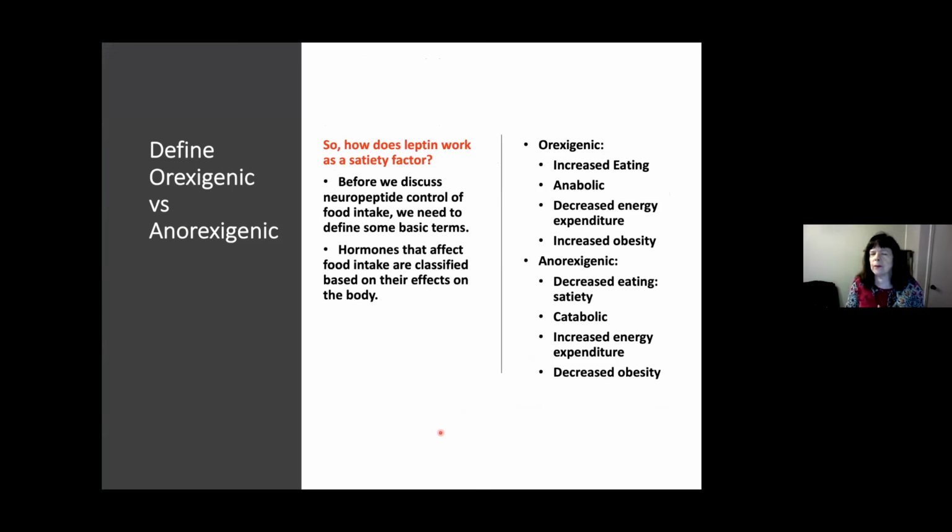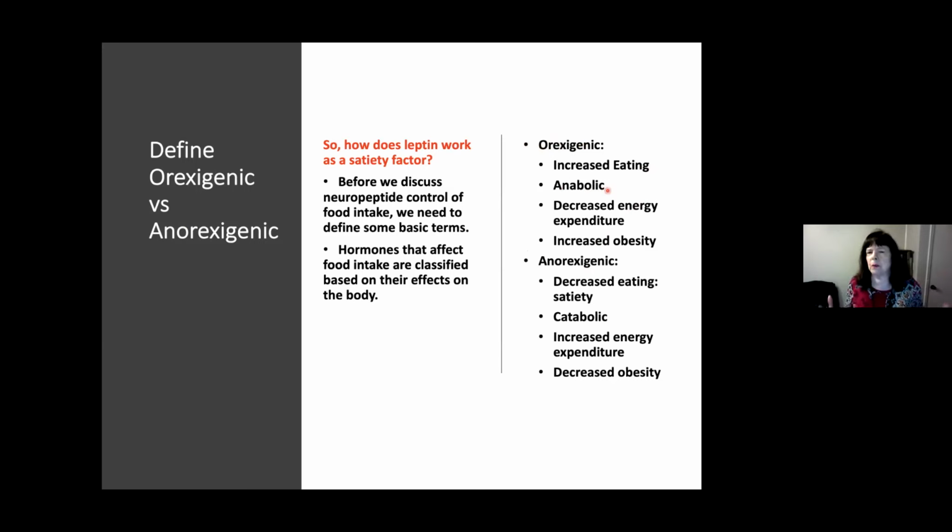So now, how does it work? Before we go into details about the sites, we need to define eating patterns, eating habits, whatever. And so you'll be able to say, okay, I know what orexigenic means. Orexigenic means increased eating, and it is also muscle building.